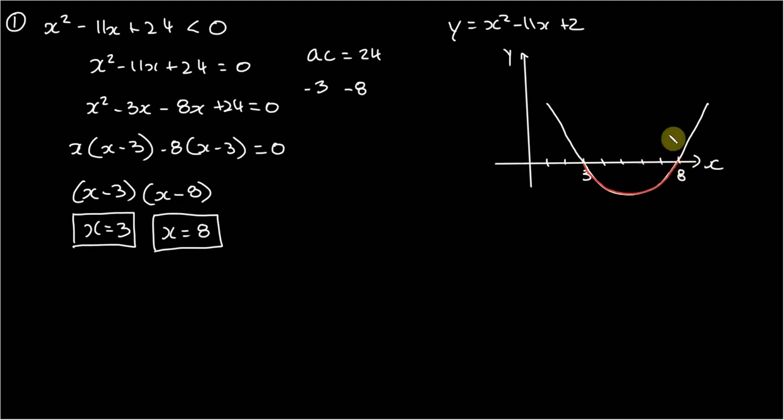So basically below the x-axis between x equals 3 and x equals 8. So the set of values in this case, x is going to be greater than 3 and it's going to be less than 8, which precisely denotes these values right in here, this red line. And yeah, so we're done. That's our set of values.